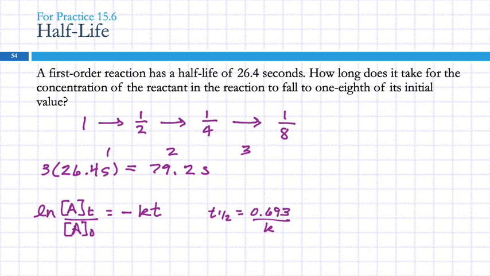Once we solve for k, we can put that in here, and we can make t equal 1/8 of A0, and that just doesn't sound very fun, does it? Just dividing something in half and counting how many times you did that sounds easier.